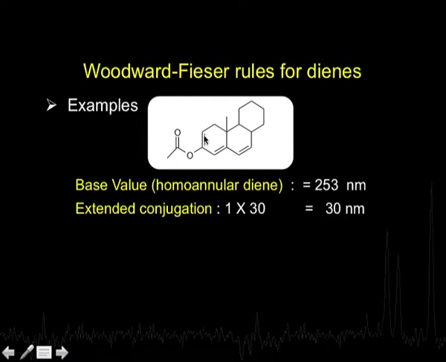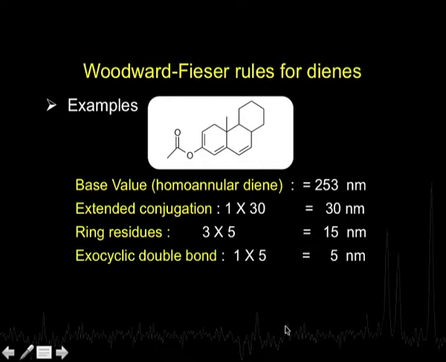So, on this basic chromophore, we got 1, 2, 3 ring residues, they will contribute 3 into 5, 15 nanometers. In addition to that, we find that this double bond is endocyclic, this is an exocyclic double bond, and this also is endocyclic here. So, there is one double bond which is exocyclic, and that will contribute about 5 nanometers more.